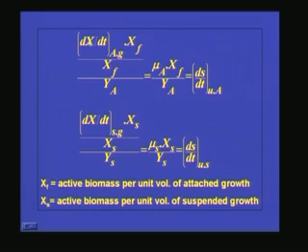This term dx by dt by Xf, we have already seen is the specific growth rate that we can replace by mu a, and this Xf will be coming here by Ya, which is nothing but ds by dt. We are rearranging the terms. Similarly here also, if you divide by Xs and multiply by Xs, we will be getting mu s into Xs by Ys, which is equal to ds by dt into Us, where Xf is the active biomass per unit volume of attached growth and Xs is the active biomass per unit volume of suspended growth system.